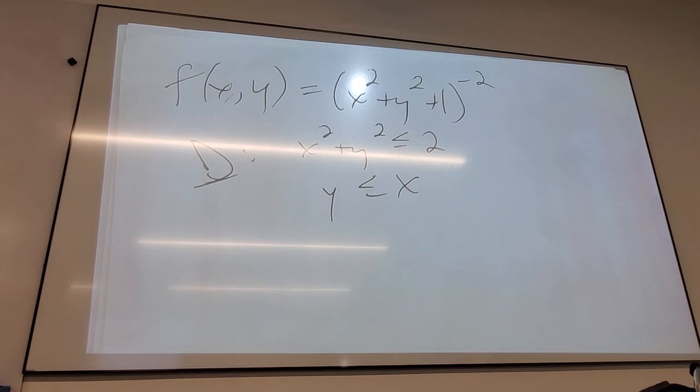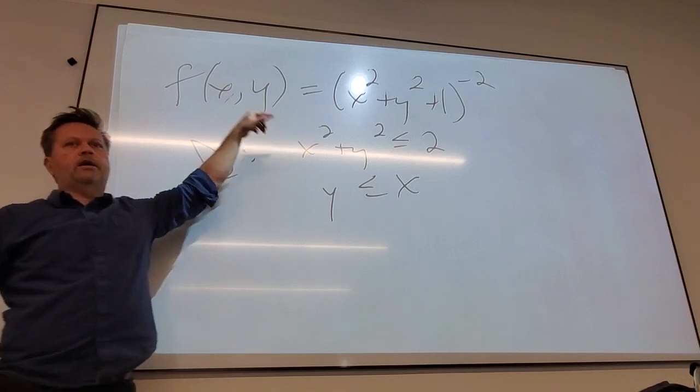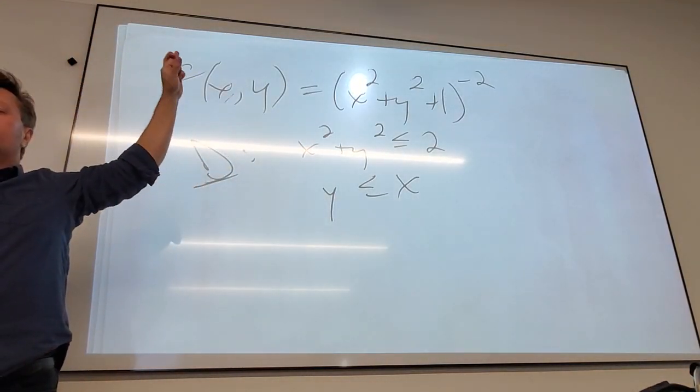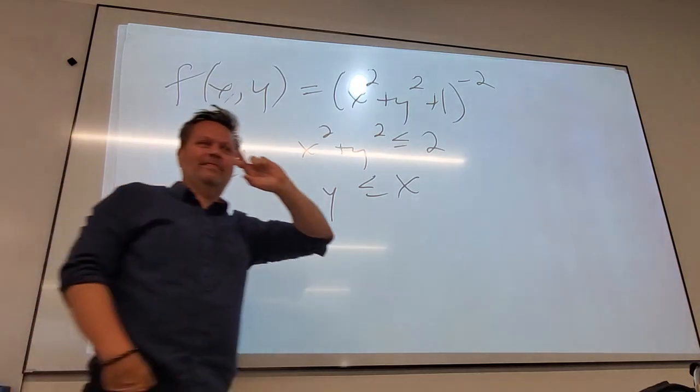You shade below the line. Beautiful. You graph y equals x, because it's allowed to equal that, so you don't have to make it a dotted line, and then you shade below it. But it's also got to be in that circle. Of course, Jeff, being so nice, made it a circle of radius root 2.